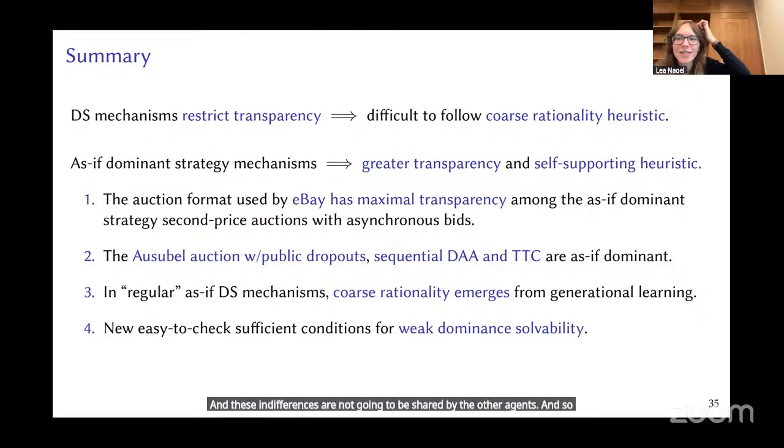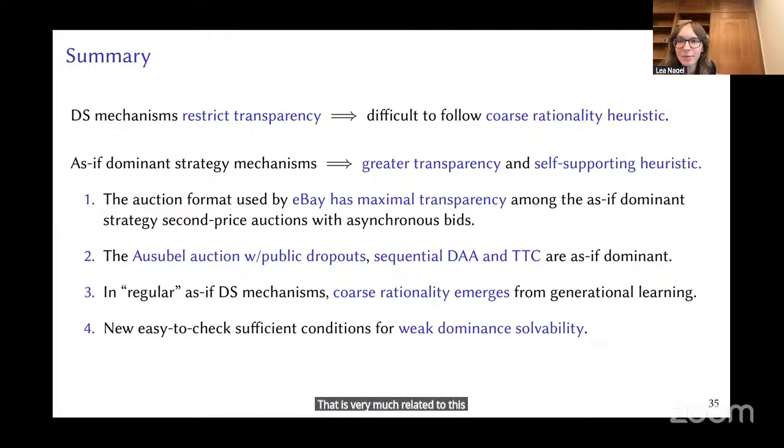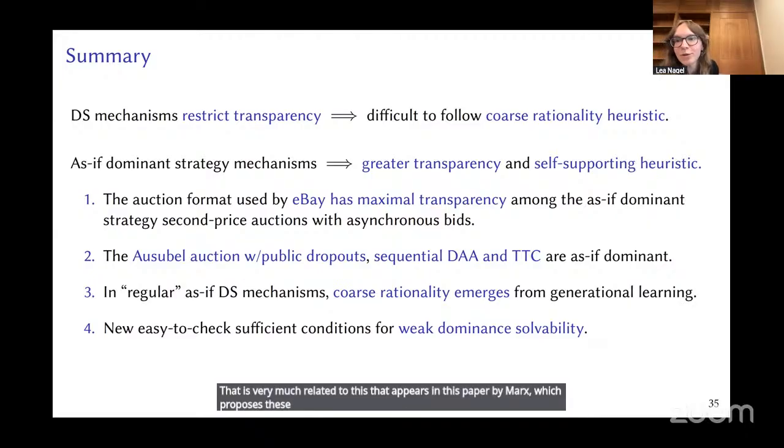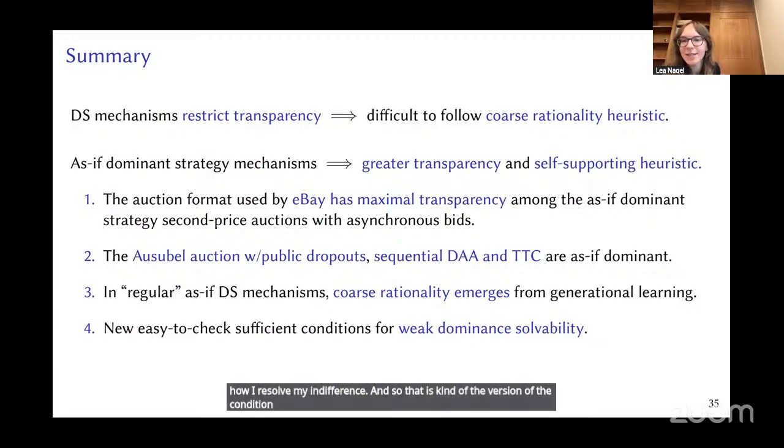And there's actually a condition very much related to this that appears in this paper by Marx, which proposes a version of this learning process, but for settings without private information, which is exactly this idea that if I'm indifferent between things, you better also be indifferent how I resolve my indifference. And so that is the version of the condition that we think is needed in order to think about the bound of transparency here.